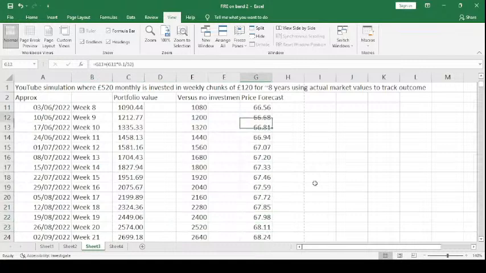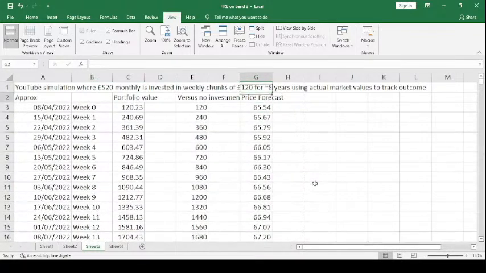The other thing I was working on here was this price forecast. Now initially I had used the initial purchase price, so at that very first investment I used that, and then I tried to forecast from there forward.